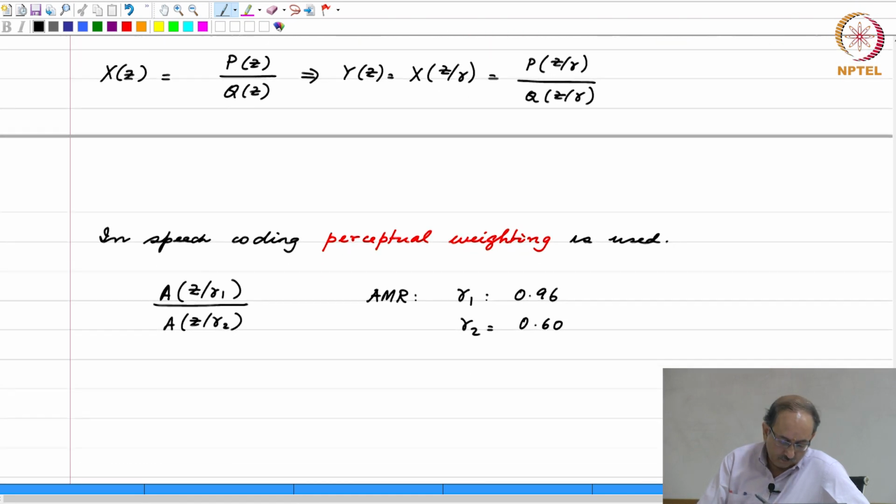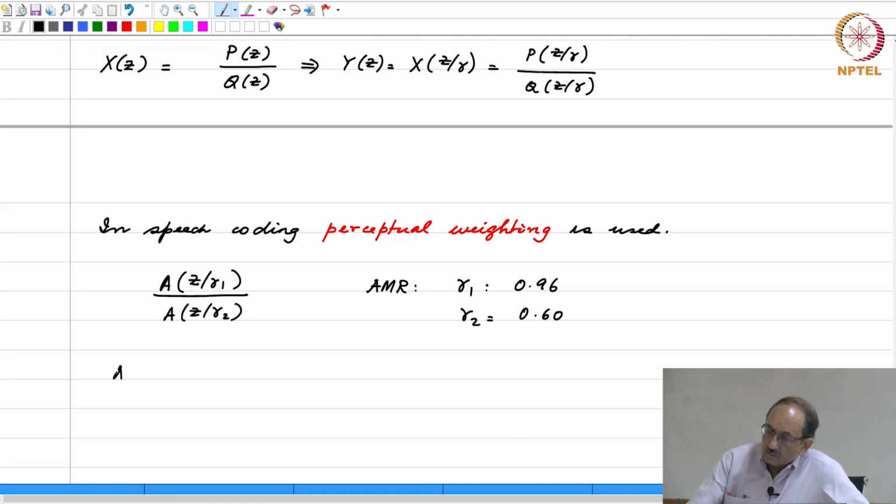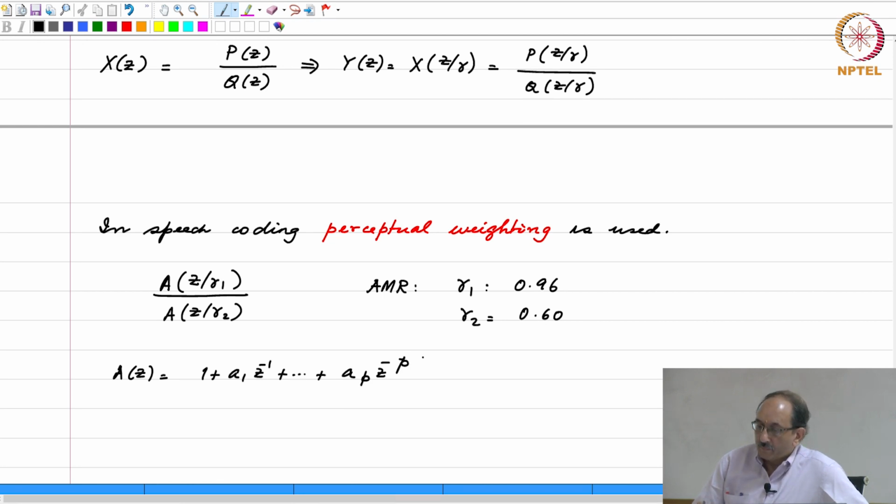And typically A of z is 1 plus a1 z to the minus 1 and so on up to ap z to the minus p, and these coefficients a1 through ap are estimated, and for the perceptual filter you will multiply this sequence.